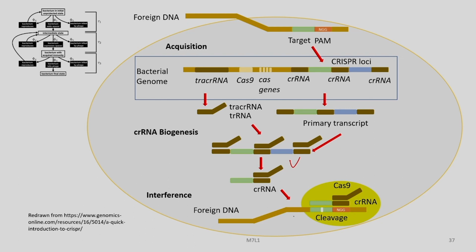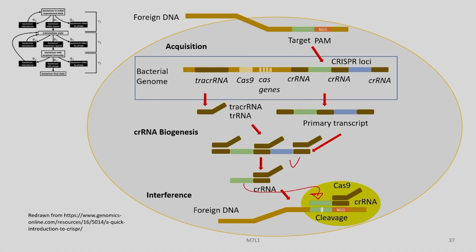And this CRISPR RNA goes and in the next round, when this same virus attacks the bacteria, the spacer, or the DNA which was originally stolen from this virus and stored in the CRISPR RNA, forms complementarity.